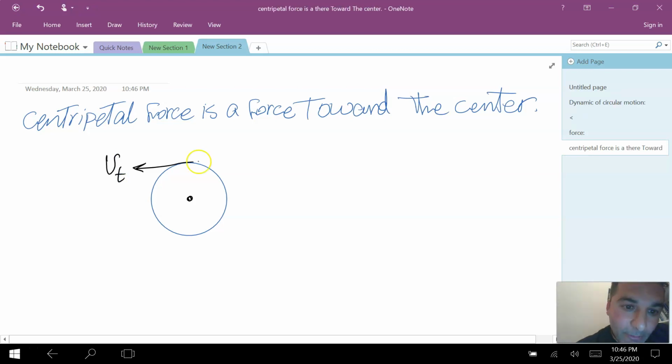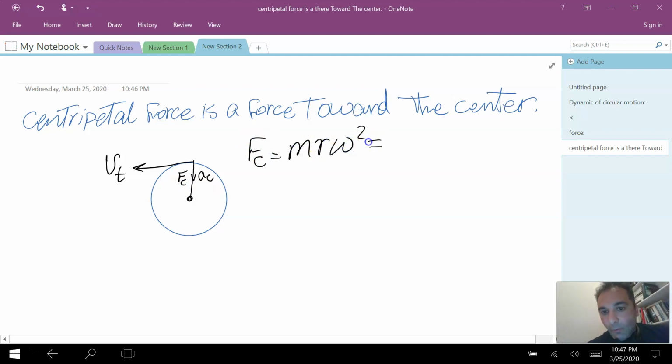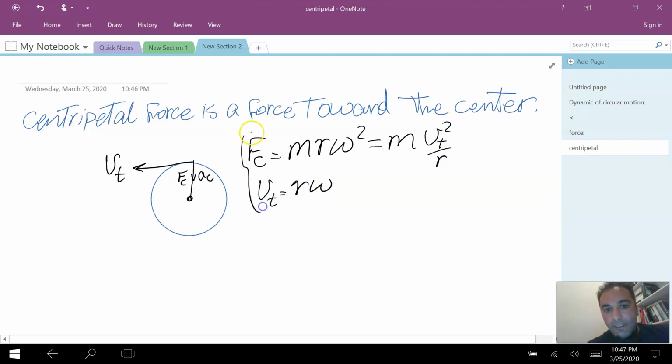At the same time, it has AC, and this AC makes what? Force toward center. So far makes sense? Which centripetal force is equal to m r omega squared, or m Vt squared divided by r. And we know Vt is equal to r omega. Right?